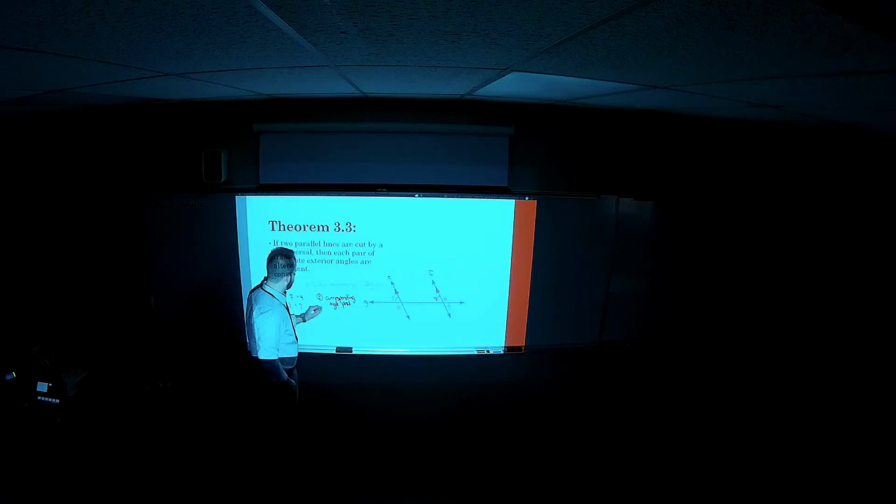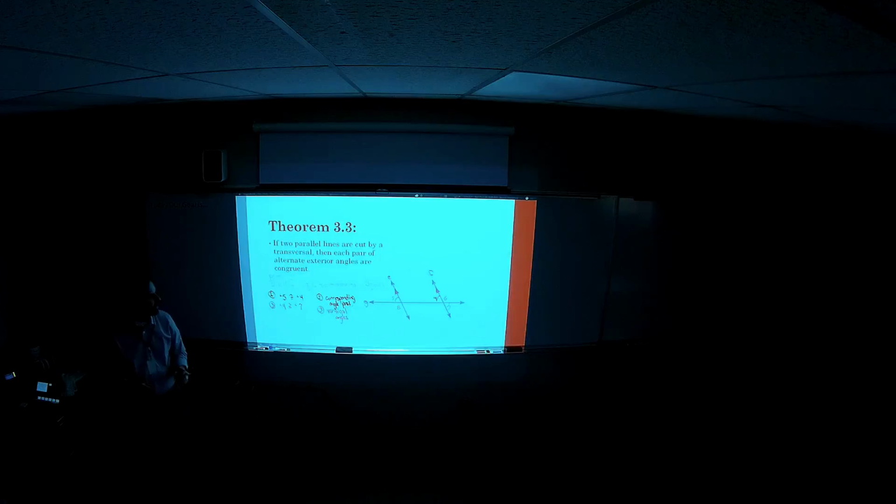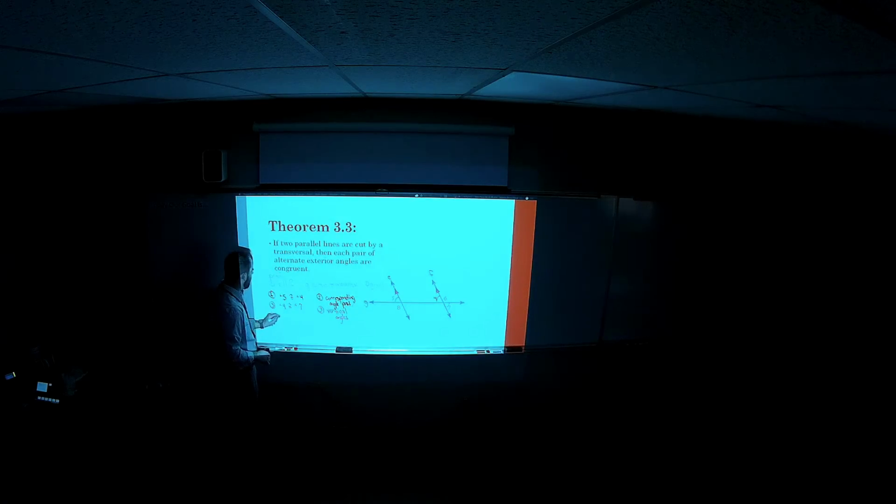So on line number 3, they're vertical. That was Theorem 2.8, page 154. Okay, they're vertical angles. And so since 5 is equal to 4 and 4 is equal to 7, that forces 5 to be equal to 7. And that's the transitive property.